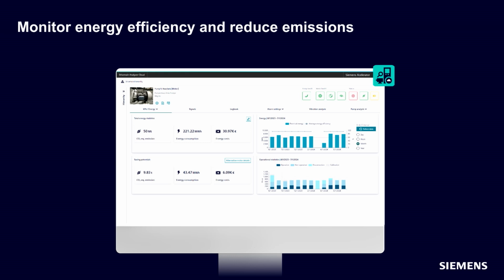And you can also see the saving potentials for replacing a motor. So the digital drivetrain app and application on the cloud will show you specific potentials for optimizing your energy efficiency while changing from an IE2 motor, for example, to an IE4 or IE5 motor.